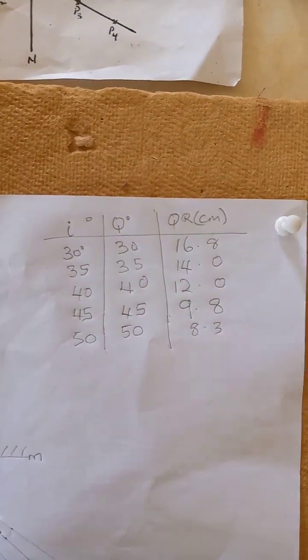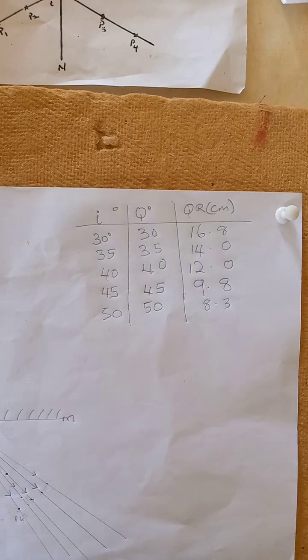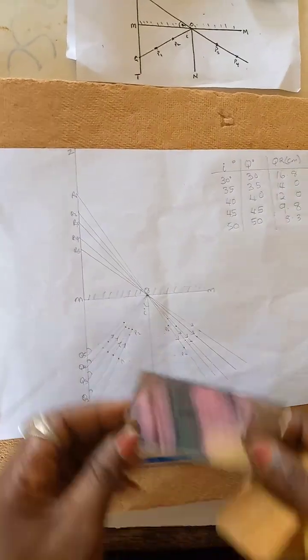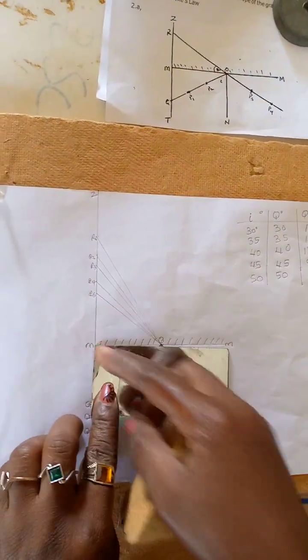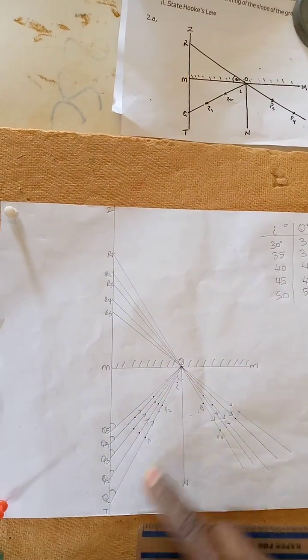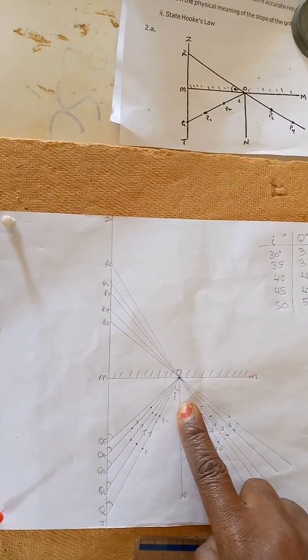But if you were to perform this experiment yourself, you need a mirror. This is a mirror, a plain mirror. You first draw this mirror, the outline, and then you draw the incident ray equal to 30 degrees like I've done before.